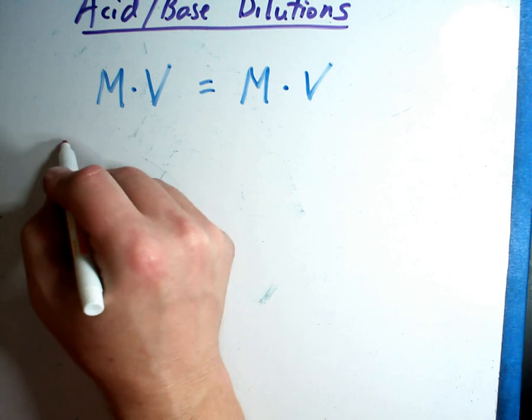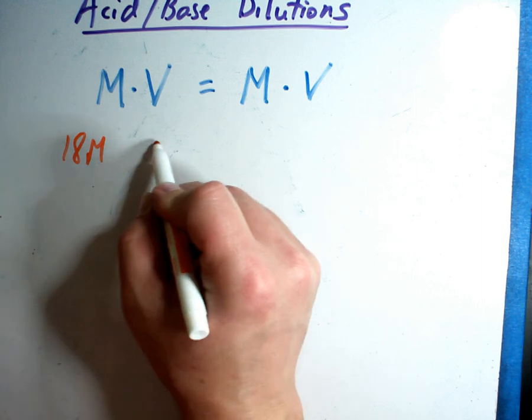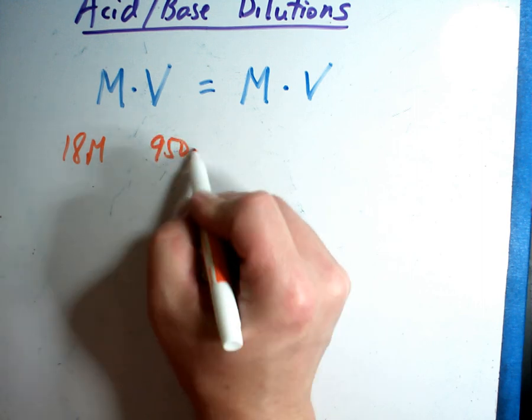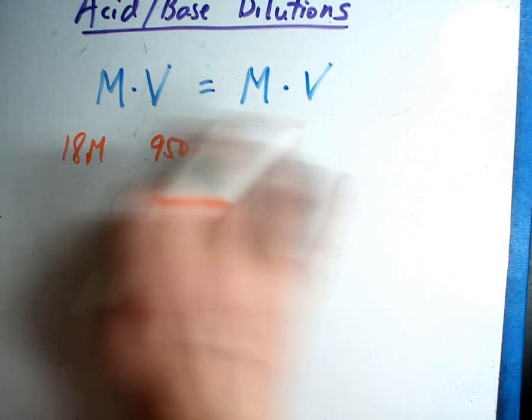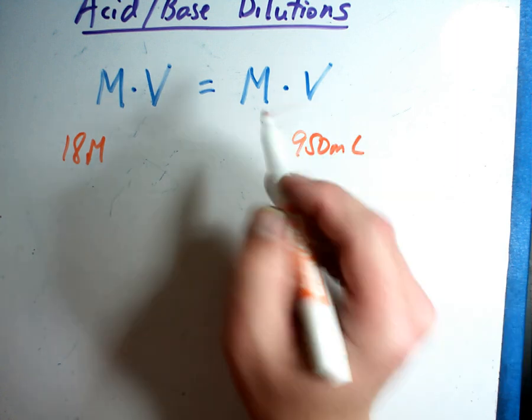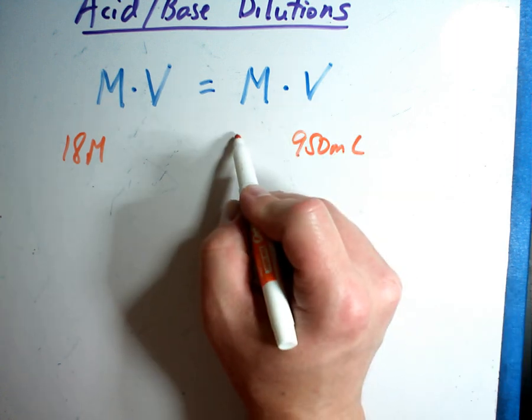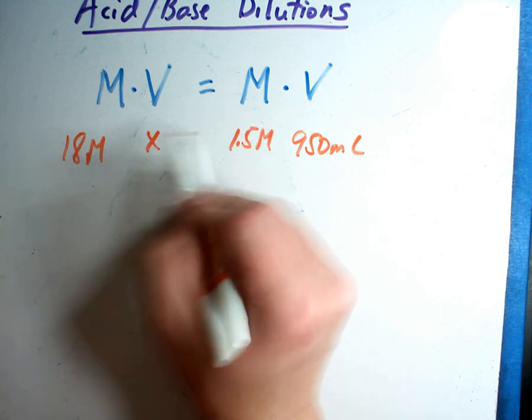Let's say that sulfuric acid, and I'm just going to write the numbers, is 18 molar, and I need 950 milliliters of it. I need 950 milliliters, and I need this to be 1.5 molar. How much of this am I going to pour out?